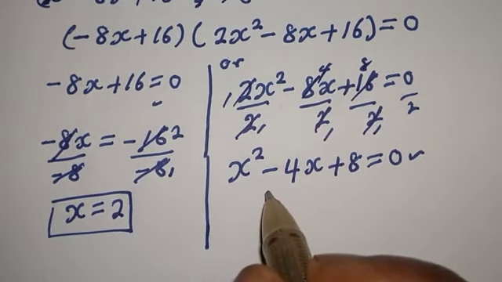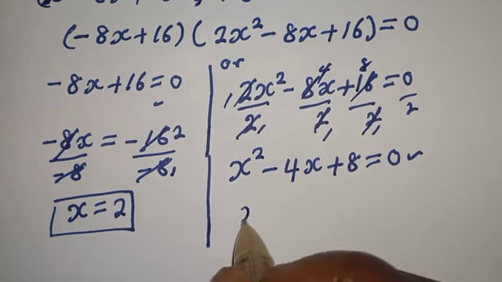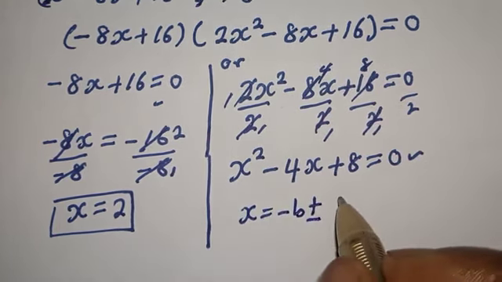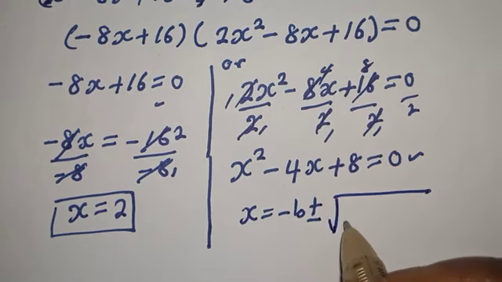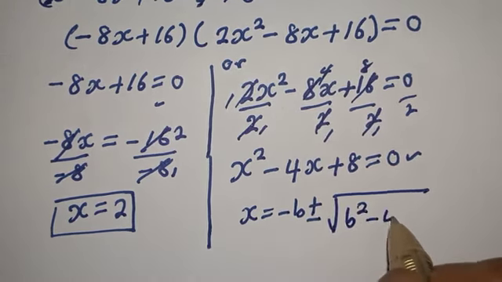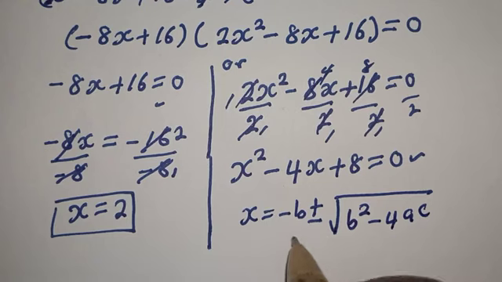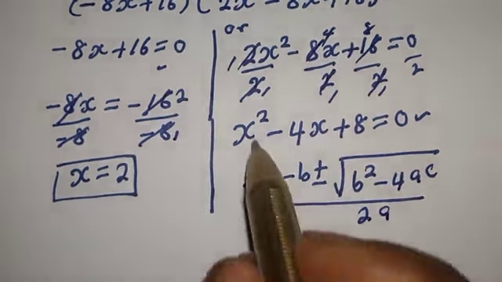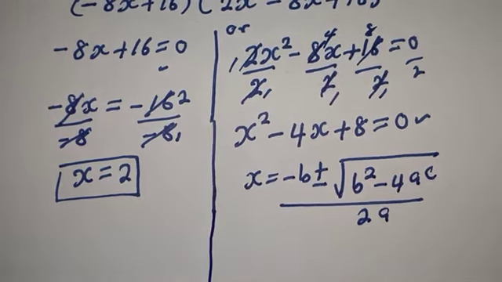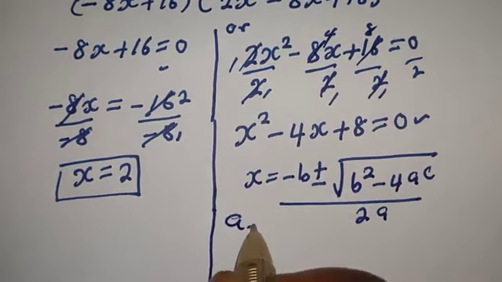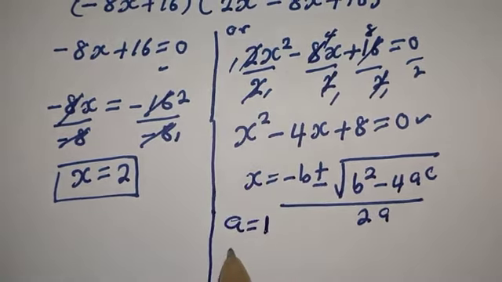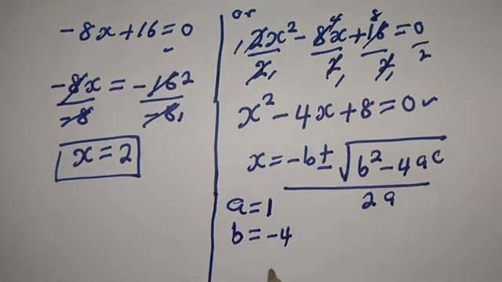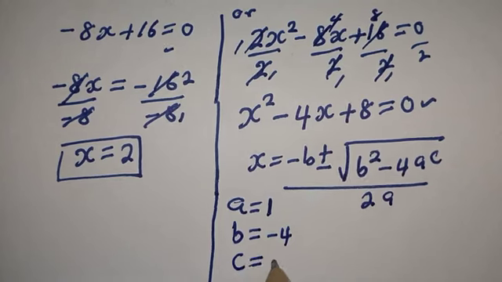Our quadratic general formula is given as s is equal to −b plus or minus square root of b^2 − 4ac, over 2a. From this equation, a is equal to 1, b is equal to −4, c is equal to 8.